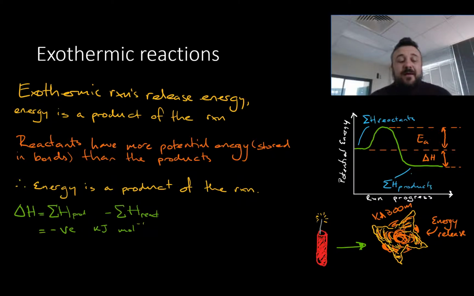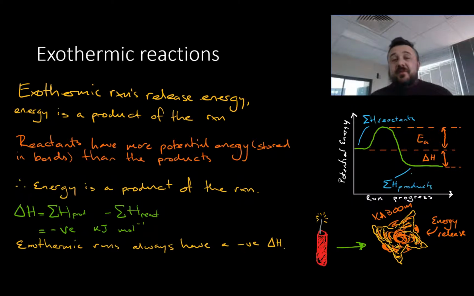Okay. Now, delta H equals the sigma, so the sum of the energy stored in the products' bonds, minus the energy stored in the reactants. Because there's more energy stored in the reactants, that means for an exothermic reaction, delta H is always a negative number.